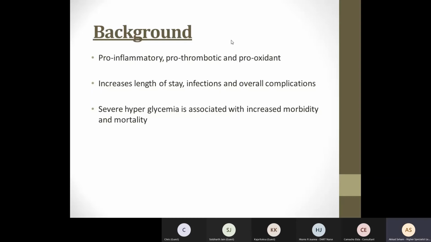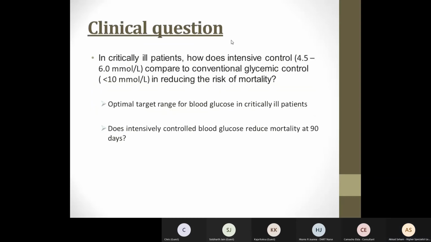So this trial was done to look at how glycemic control in critically ill patients affects mortality and morbidity. The main question was, how does intensive control, which is keeping the sugar between 4.5 and 6 millimoles per litre, compare to conventional glycemic control, which in this paper was less than 10 millimoles, so between 6 and 10.